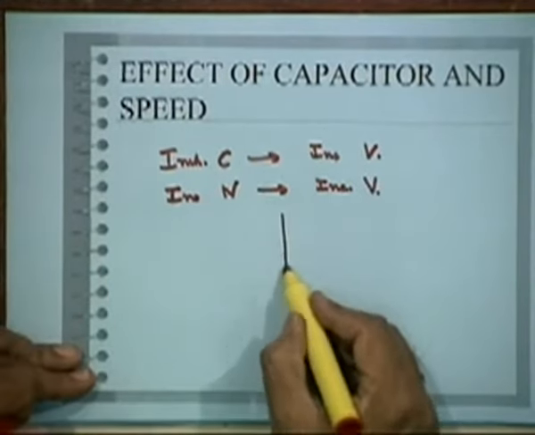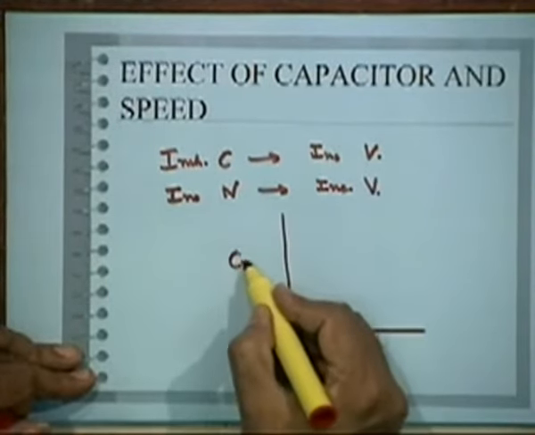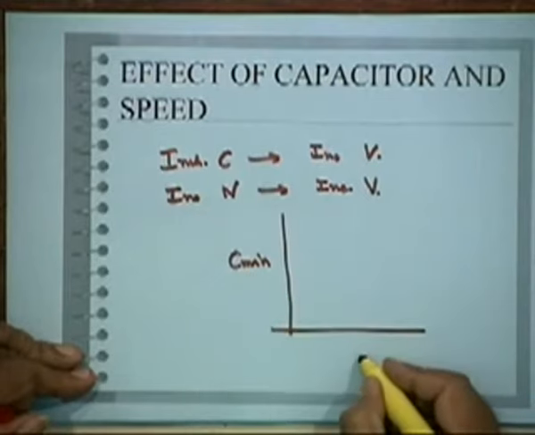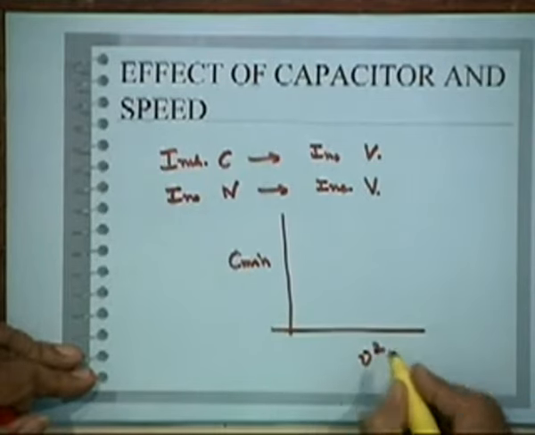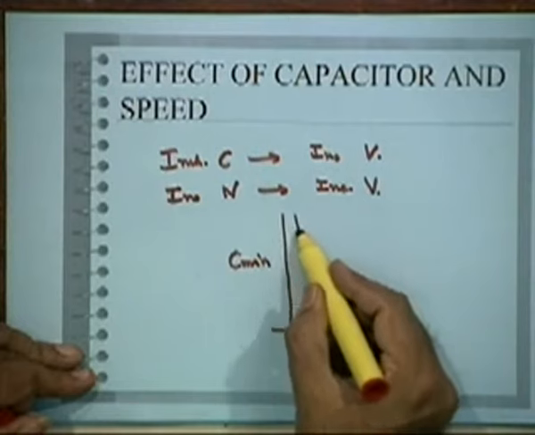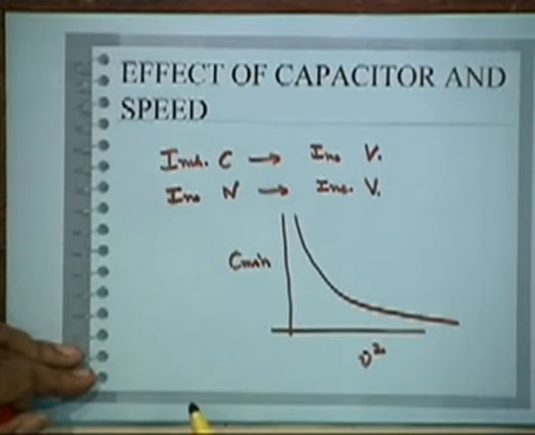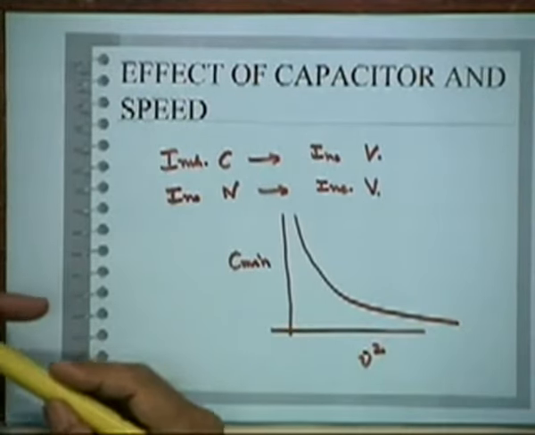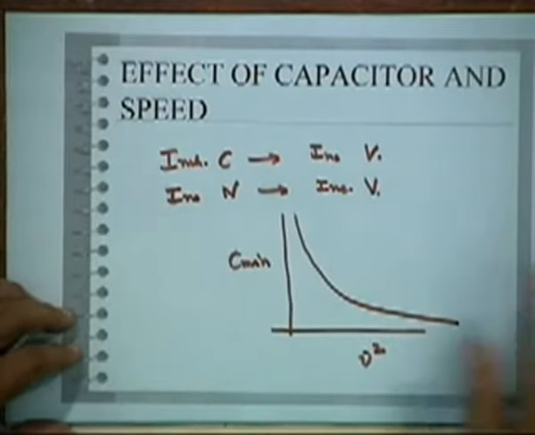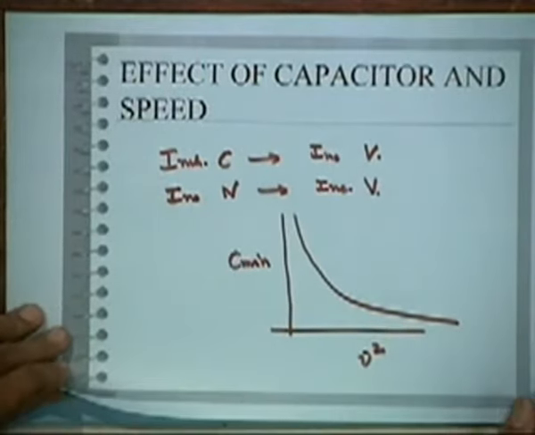And we also see that the minimum capacitance required, we can prove, is proportional to the square of speed. If you increase the speed, the minimum capacitance will increase, okay. So capacitance and speed have a bearing on the voltage generated on the machine. So at a given speed, you can control the capacitance to get the required voltage, okay.